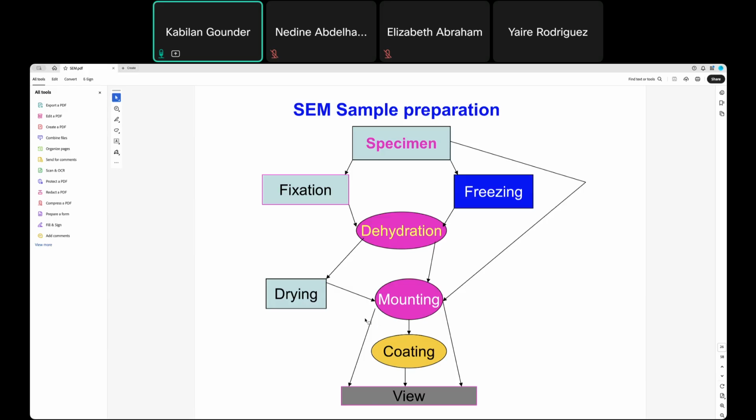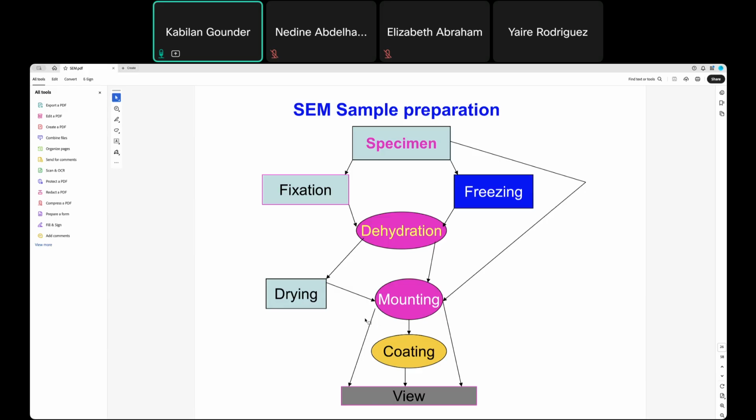If you want to study any biofilm, any bacteria forming a biofilm on the surface of the wood or the metal or any implants or any material, then it requires fixation and dehydration, because bacteria or other tissue cells have grown there. That requires fixation, because the bacteria have to be fixed.